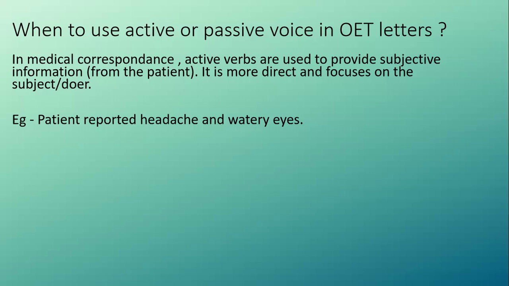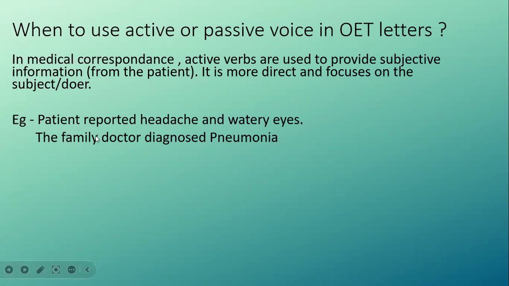Similarly, you can look at one more example. Family doctor diagnosed pneumonia. The doer of the action or the subject is the family doctor here because they are the one who's doing something. Family doctor is the subject or the doer, and they diagnosed pneumonia.